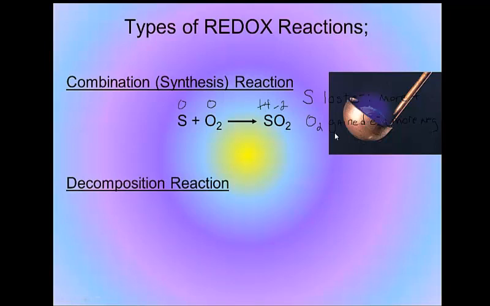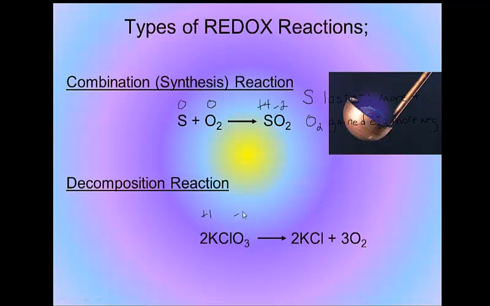Decomposition reaction, which is nothing more than the opposite of a synthesis reaction. A compound decomposes either into its elements or into a new compound. So I'm going to do the same thing here. Potassium has a rule. Group 1A is always going to be +1. Oxygen has a rule. It's a -2 unless attached to fluorine or if it's a peroxide.